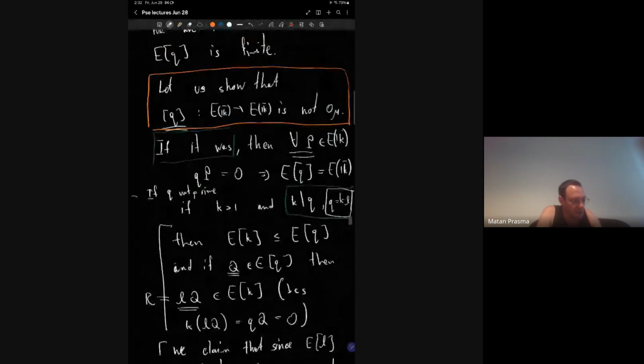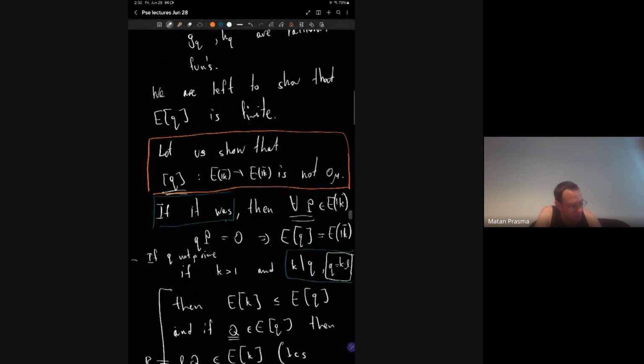What is happening here is if we assume that the map Q is the zero map, then we get a contradiction, because then EQ is equal to EK bar, which means EQ is not finite.